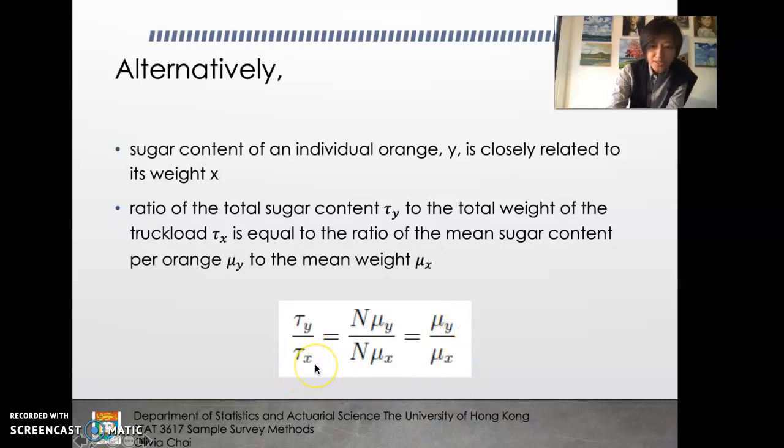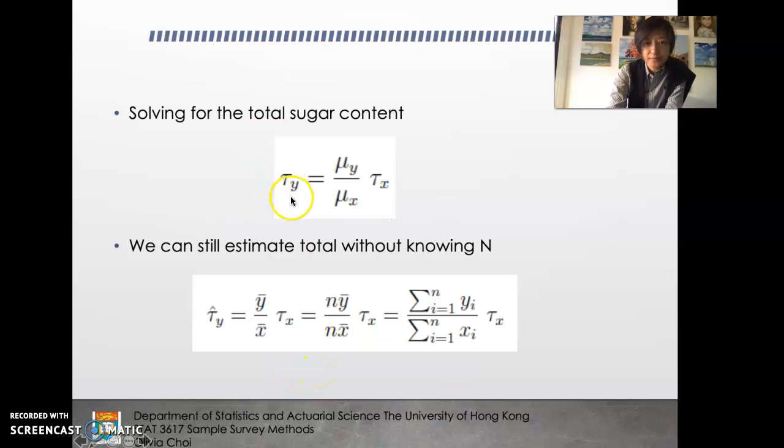the ratio equals μy to μx. Putting that tau x to the right-hand side, the total sugar content of the shipment equals the average sugar content to the average weight multiplied by the total weight of the shipment. The tau x can be easily obtained because we can weigh the total load or total cargo of the shipment. μx and μy we can obtain from our simple random sample.